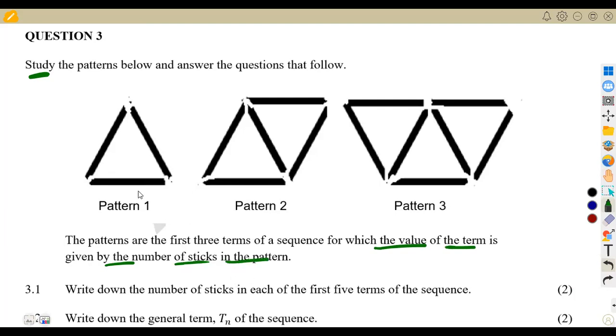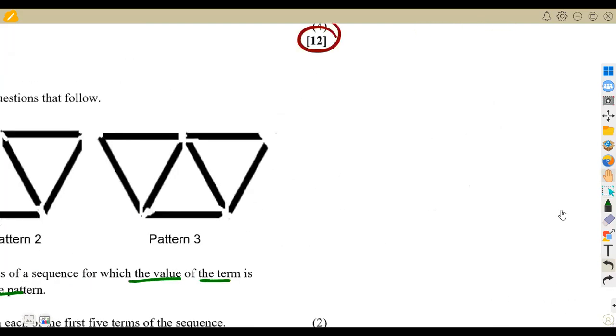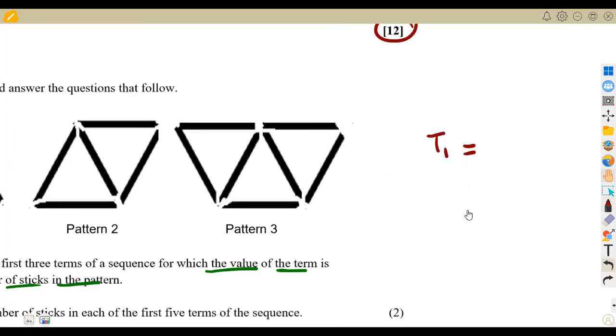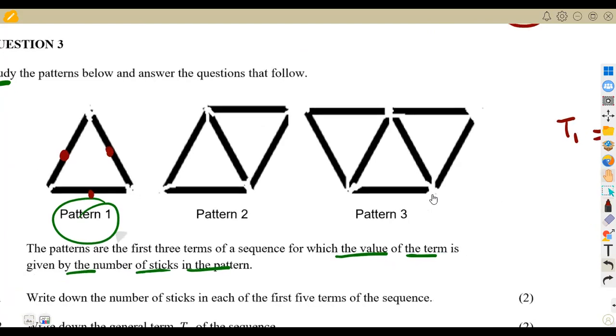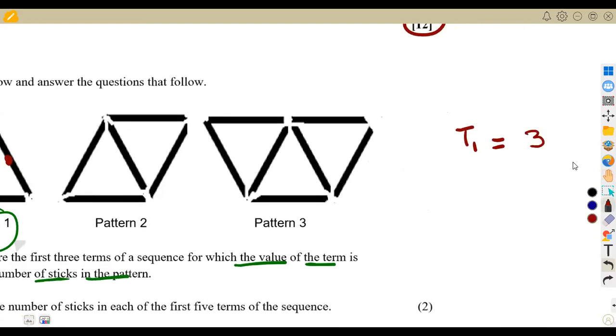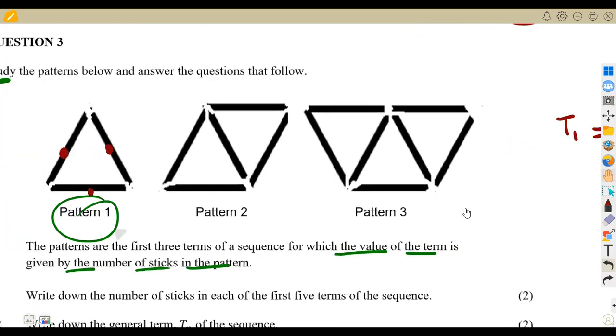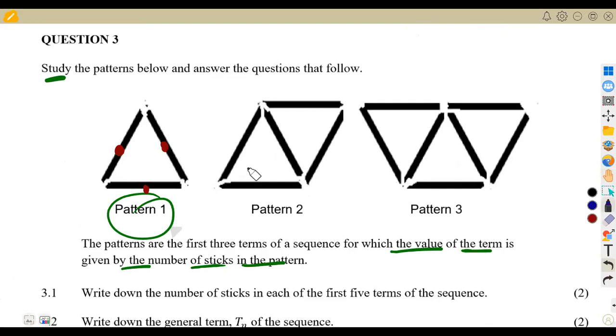So what does it mean? This is pattern 1. So it means T1, the value of the term, because it's pattern 1, T1 is equal to the number of sticks that we have. How many sticks? 1, 2, 3. So there are 3 sticks here. So meaning to say T1 is equal to 3. That is your first term. You move on to the other part, which is this part here.